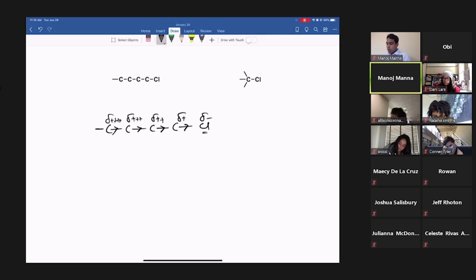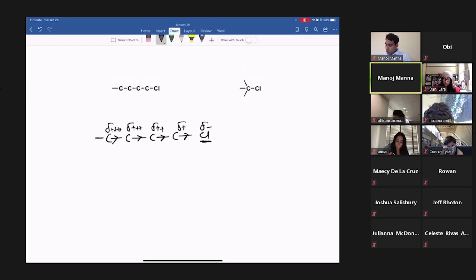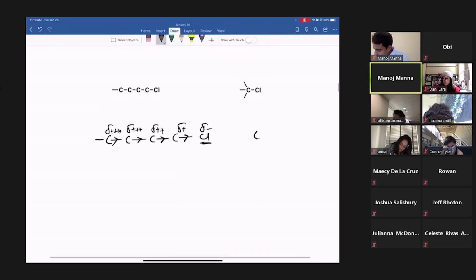What I want to tell you is that because of the electronegative atom here, chlorine, the electrons through the bond are pushed one way. In this particular bond, the electron is dragged towards the chlorine because chlorine is more electronegative.